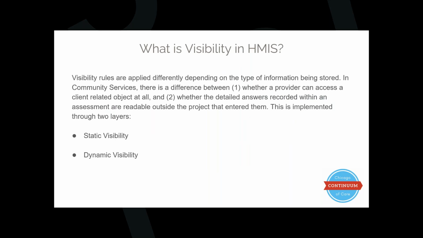The slide that we just talked about was geared towards the visibility of how data flows through the particular levels. Static visibility and dynamic visibility affect how data is shared outside of your agency and what data is shared outside. So we'll talk through exactly what each one of these does.